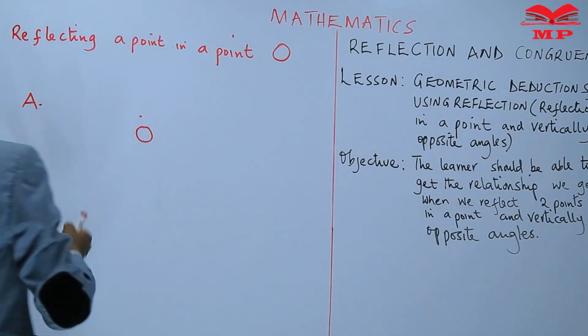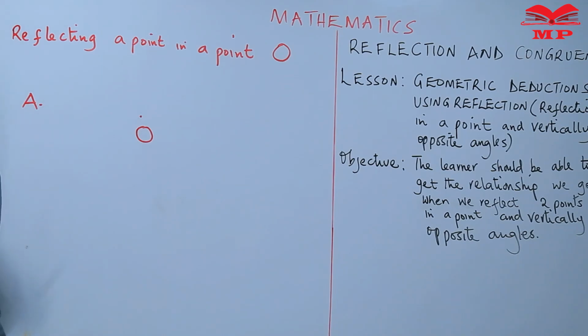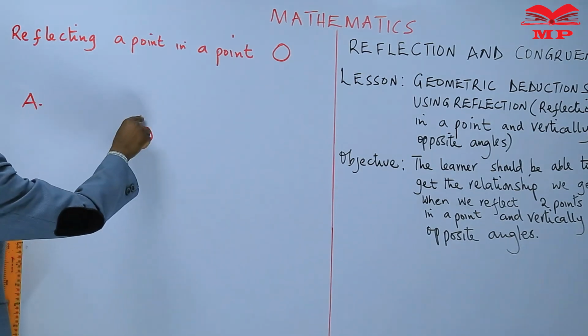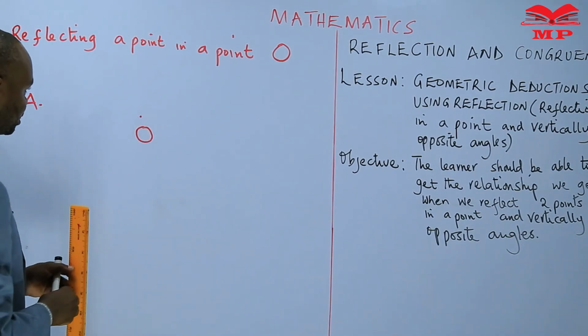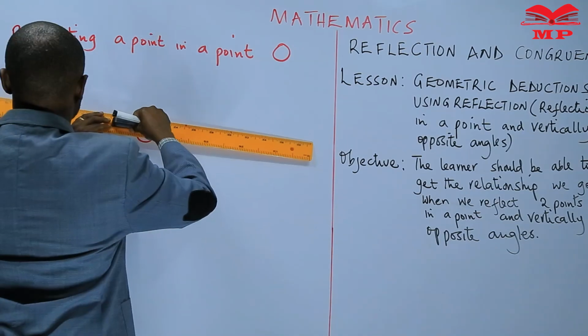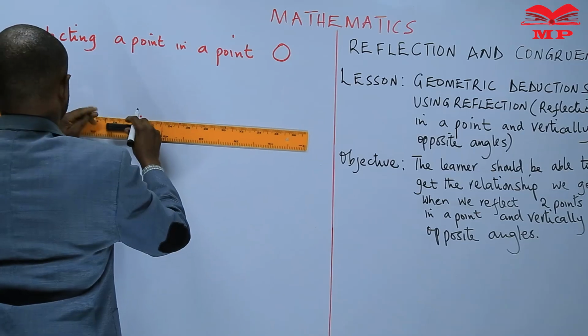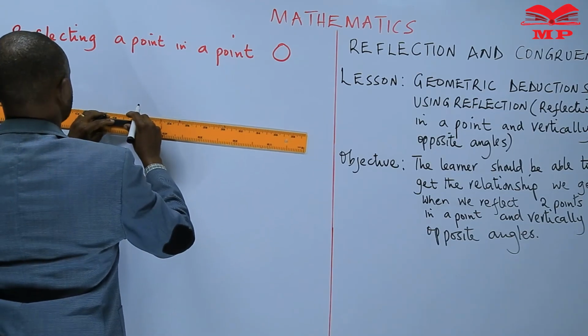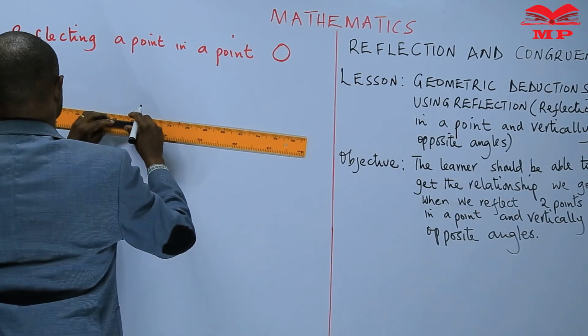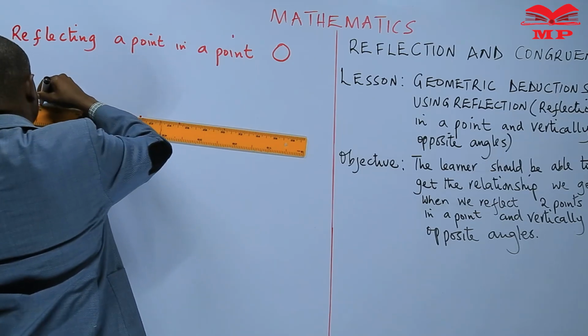This is what we shall get. Distance of the object is the same as distance of the image. O is the reflecting point.